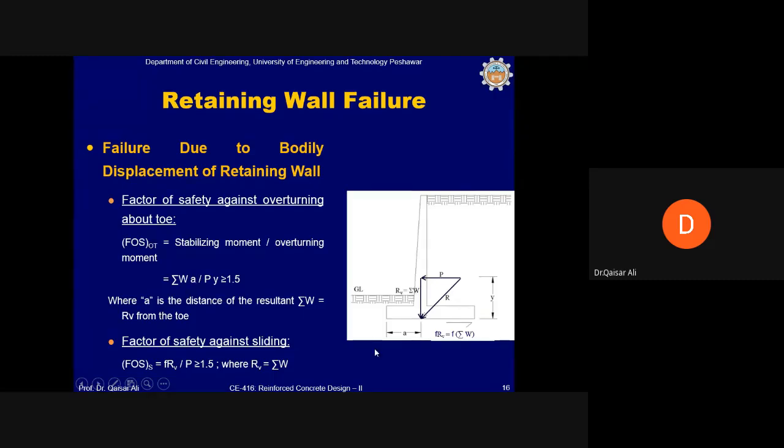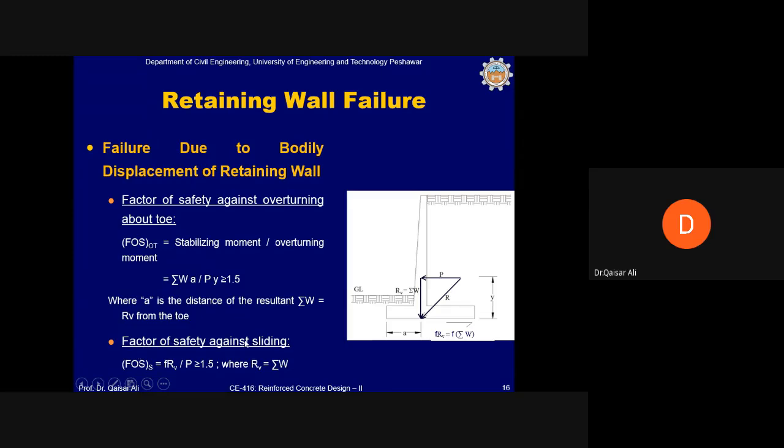This multiplied by a, because the overturning, as we have seen in the video, will occur at the tip of the toe, divided by Py, which is the overturning moment, must be greater than 1.5, whereas the distance of the resultant summation of W, equal to RV, is from the toe.